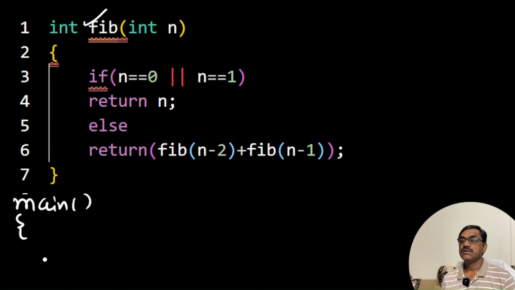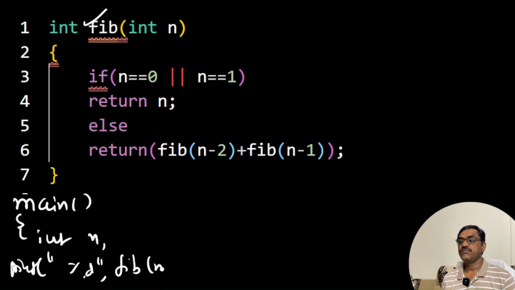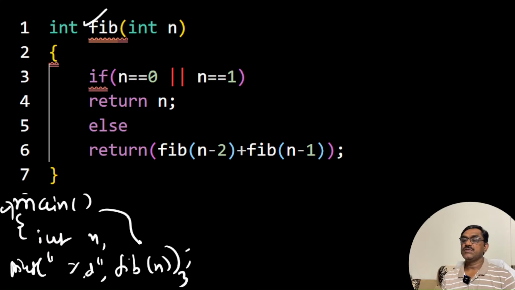In the main, we are going to take an n value, and we are going to call the function, like assume printf with %d, but this is nothing but fib of n. We know this is the rough code. The execution starts from the main, and main is going to call fib. If n equals, assume, 5, what would be the output of this program? That we will trace. Now, the tracing is done like this.